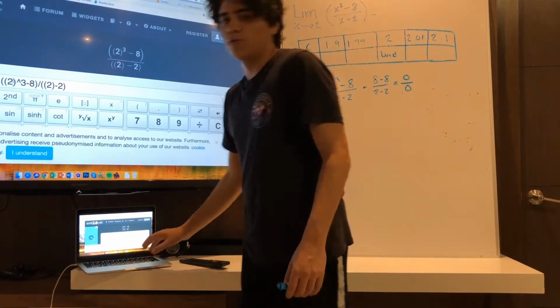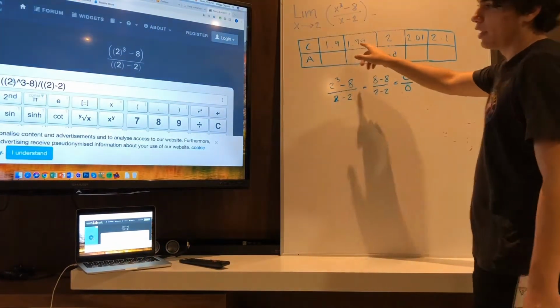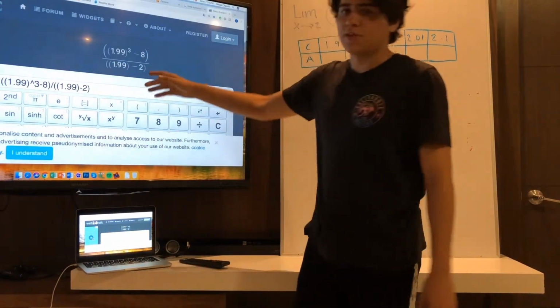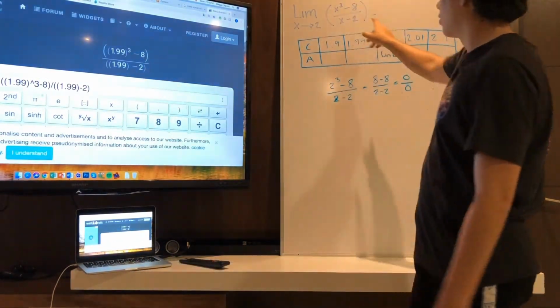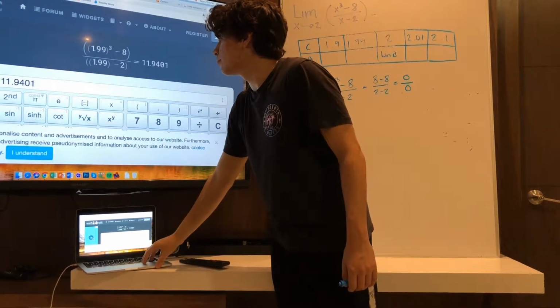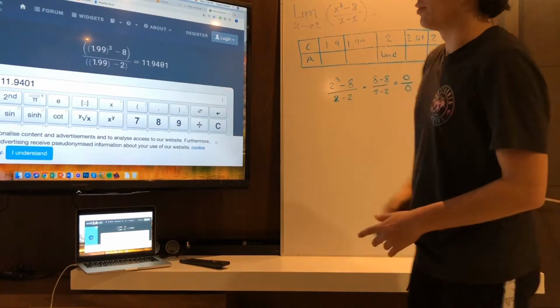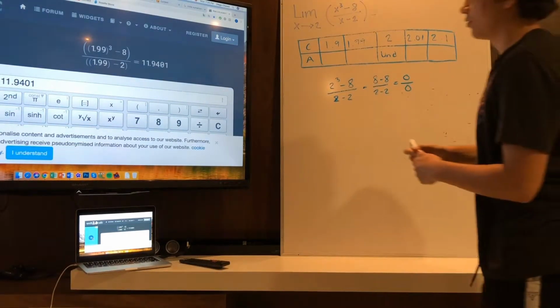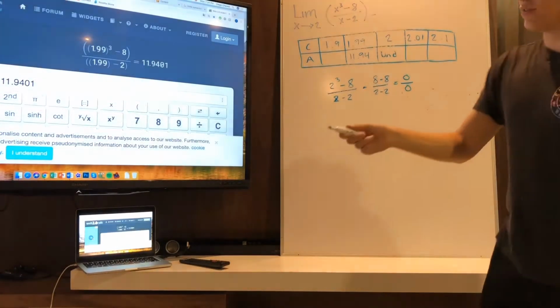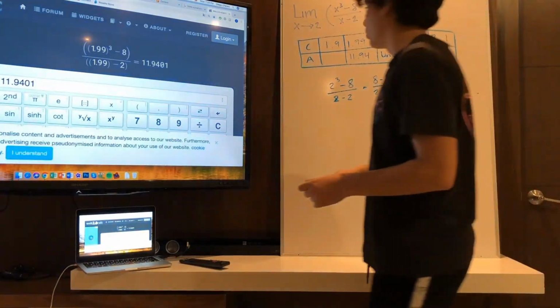So here I'm going to put the 1.99. As you can see, this is the correct function, and the answer was 11.94. So you write it down. And you do this again with the other three numbers.